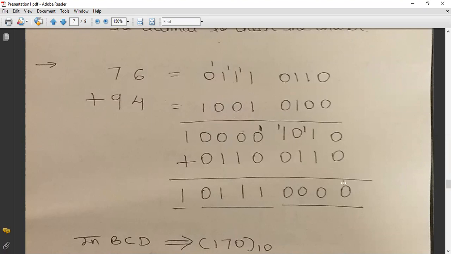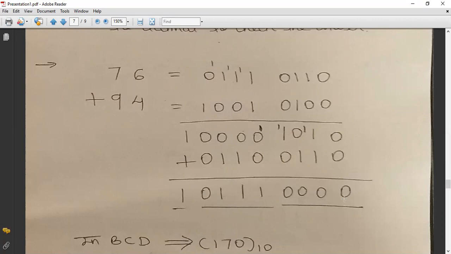Now we are going to add the number 6 to this obtained result. Why so? Because 6 bits are invalid in BCD, so we are going to nullify the effect of it. So adding 6 to both digits.